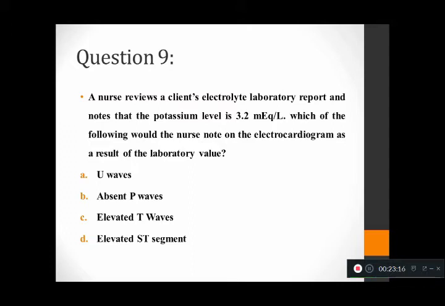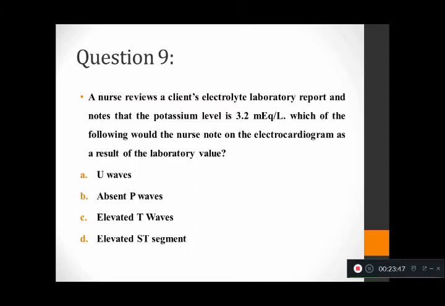So how do we choose the right answer? A serum potassium level higher than 3.5 milliequivalent per liter is normal, and above 5.1 indicates hyperkalemia. In case of potassium deficit, what will be the findings? Potassium deficit is a common electrolyte imbalance and is potentially life threatening.